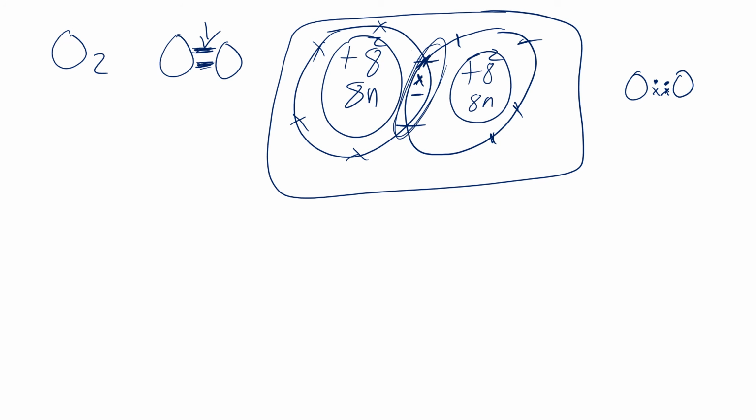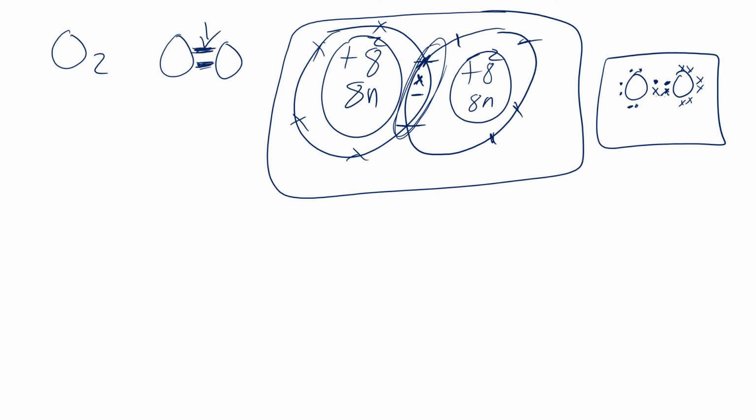Okay. So here's 2. I need 6 more. 1, 2, 3, 4, 5, 6, 7, 8. Okay. 1, 2, 1, 2, 3, 4, 5, 6, 7, 8. All right. There's my Lewis structure.